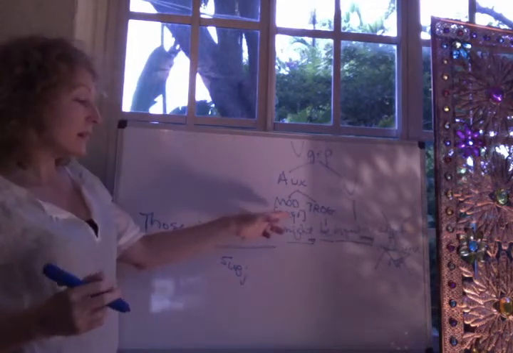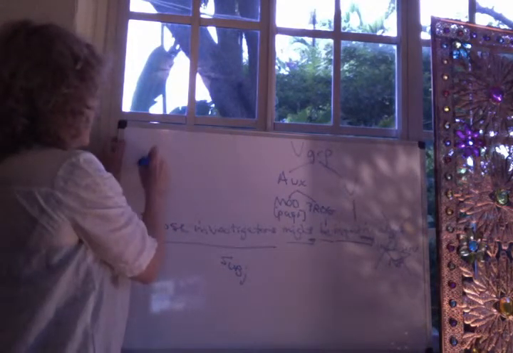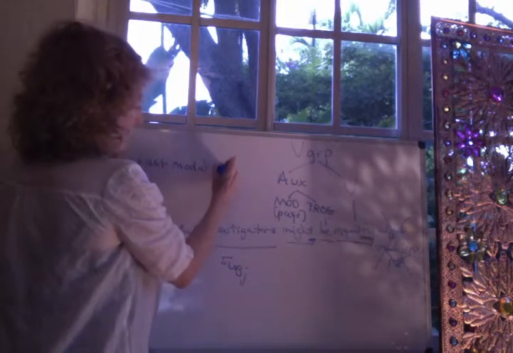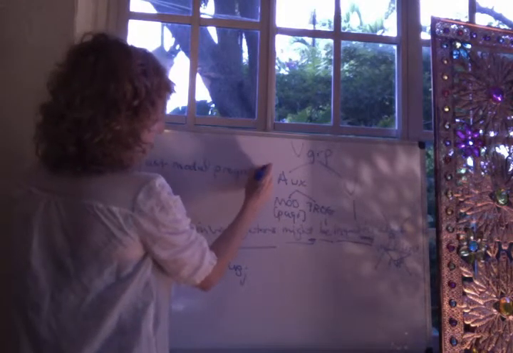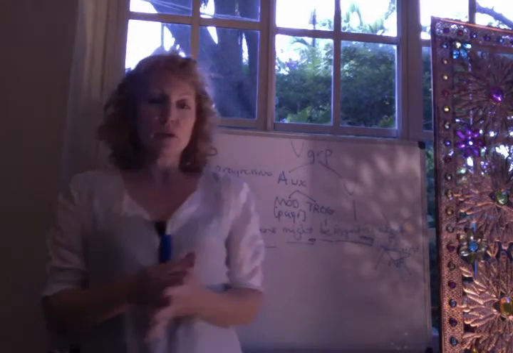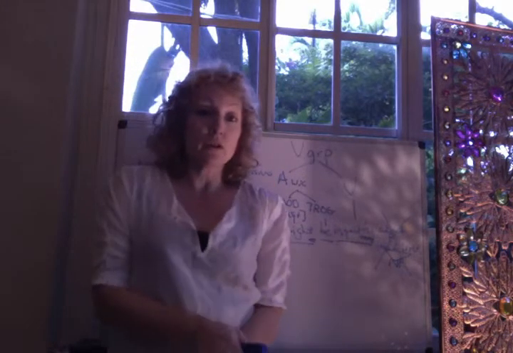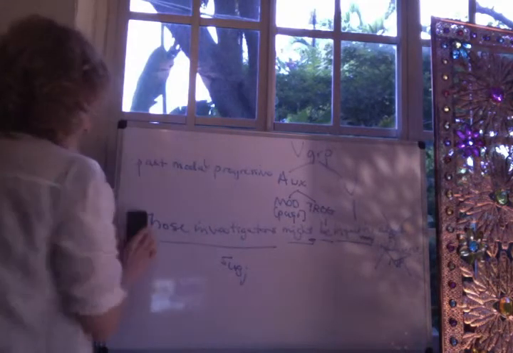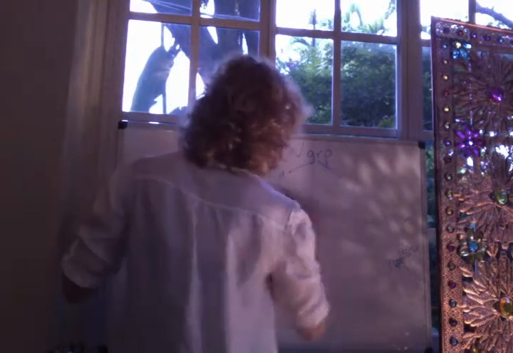So we would say that this sentence is past modal progressive. That's the form of the sentence. And that form is always determined only by all the material in the verb group. Nothing else is ever going to matter in terms of deciding what type of sentence you have.